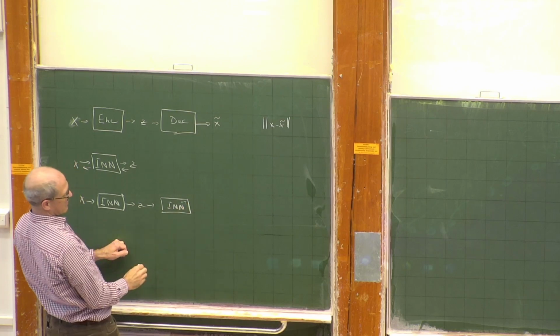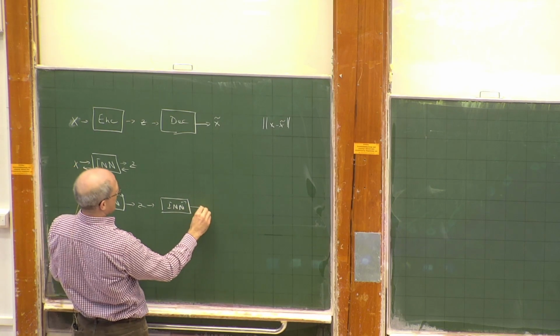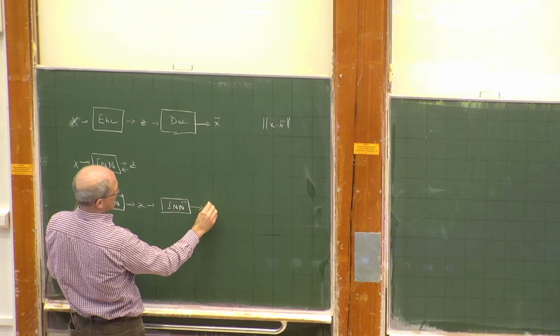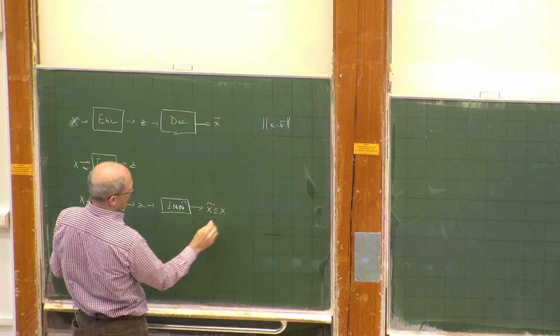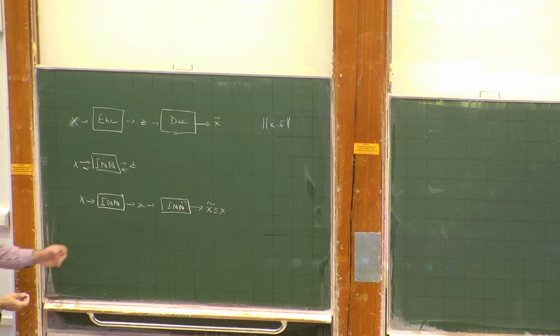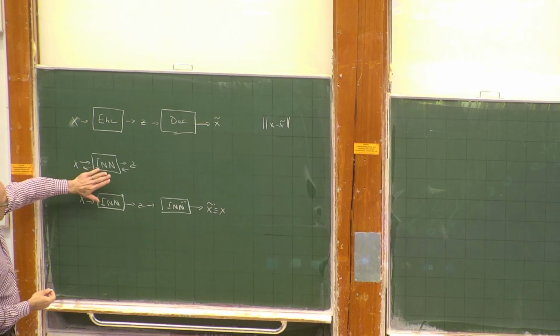I'm writing here -1, and then I get X tilde, which is identical to X, because this is an invertible neural network. So these two architectures are the same.